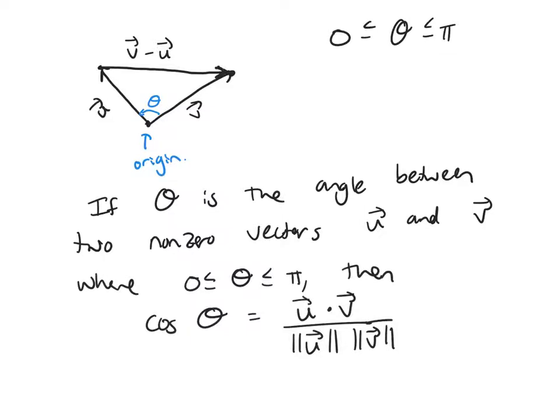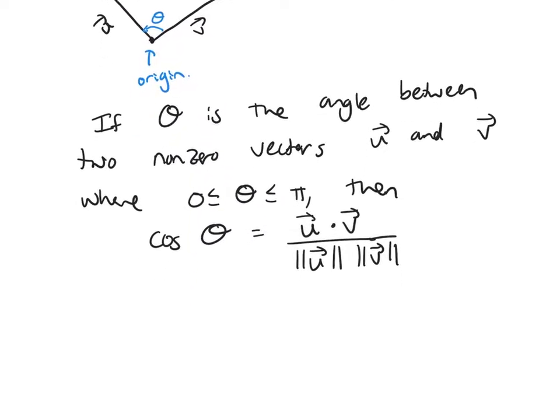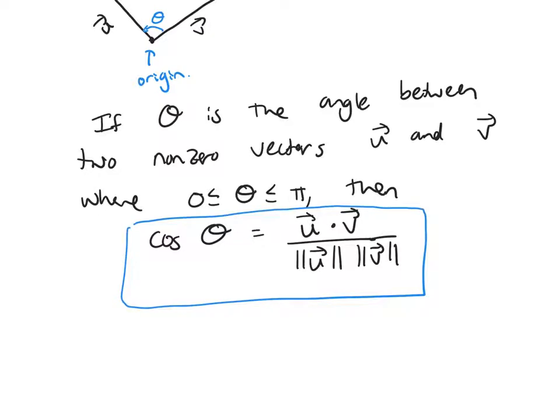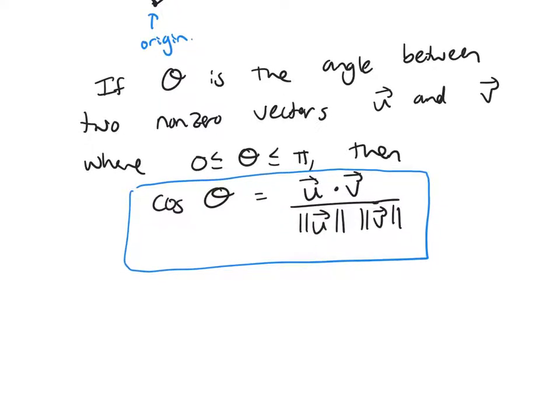So there's this really nice formula, and I'm not going to go into too much detail about where this formula comes from, but it tells us information about the angle theta.